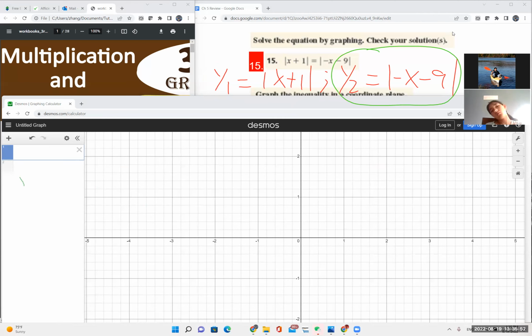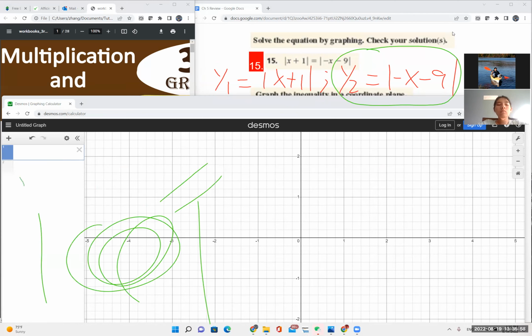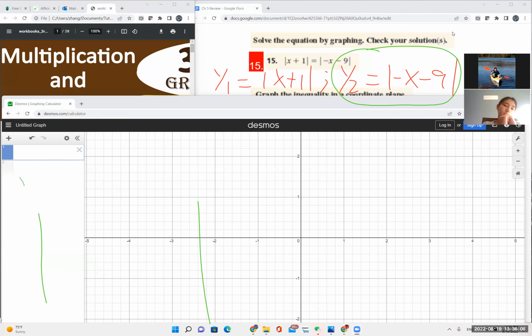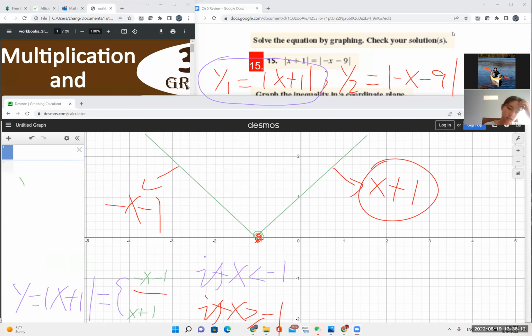So now we know the vertex always happens when this expression equals 0, right? So it would be negative 9.